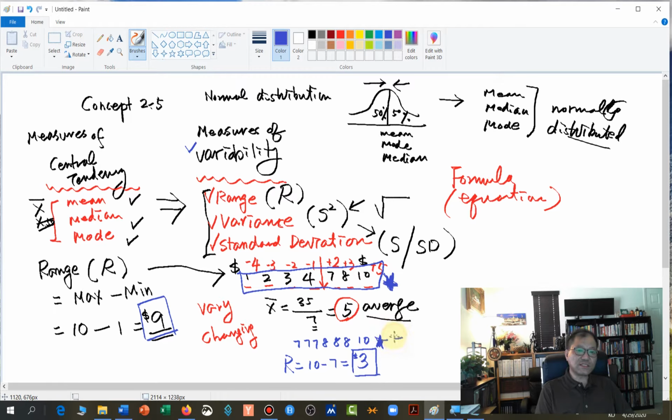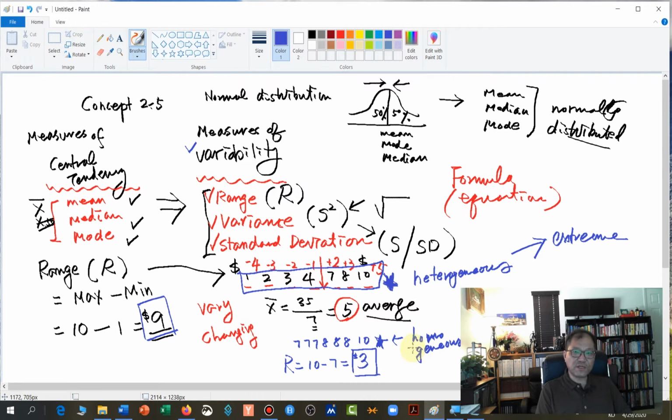So in this data group, we say homogeneous. This one is heterogeneous. Numbers are extremely different in the data set. Here, numbers are close to each other.